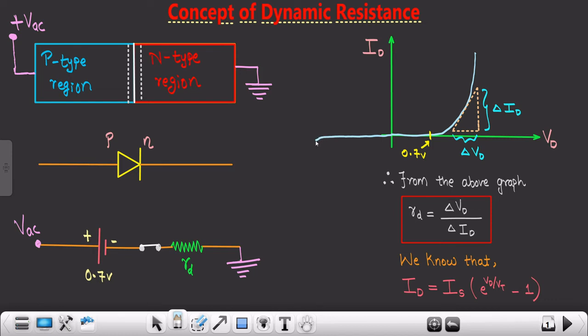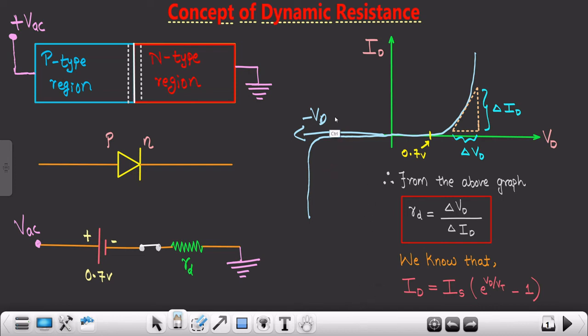At some point, if I exceed the negative voltage, this current would become as high as possible. So this is known as the breakdown region of the diode. I hope you know this concept. This is your minus Vd, and this particular current is known as IS, the reverse saturation current. And as you can see, up to a certain negative voltage, it is almost equivalent to zero.